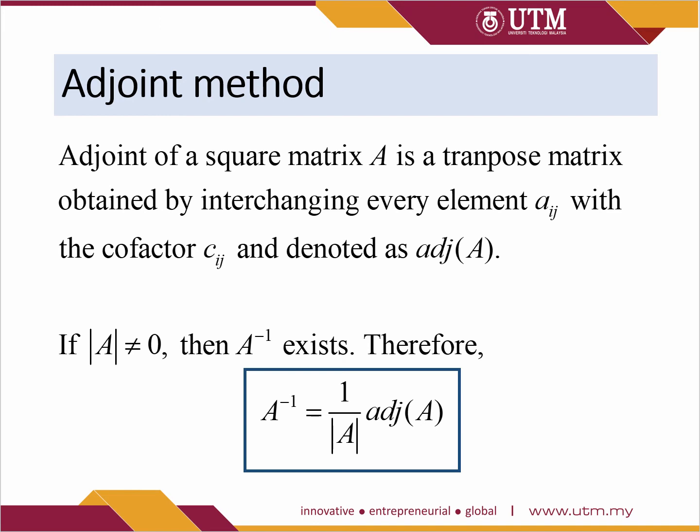Therefore, to find the inverse matrix of A using the adjoint method, this is the formula: the inverse of A equals 1 over the determinant of A multiplied by the adjoint of A.